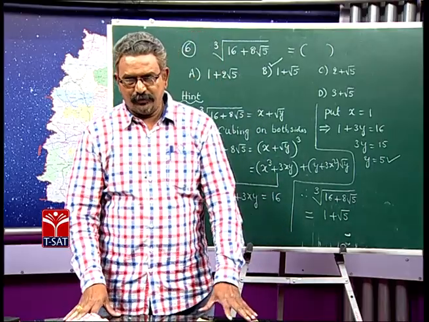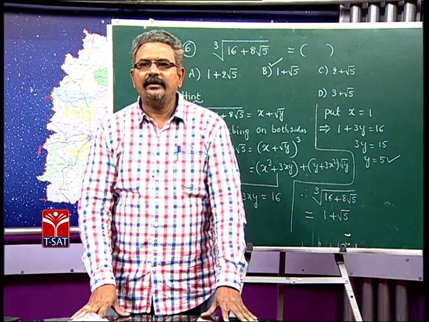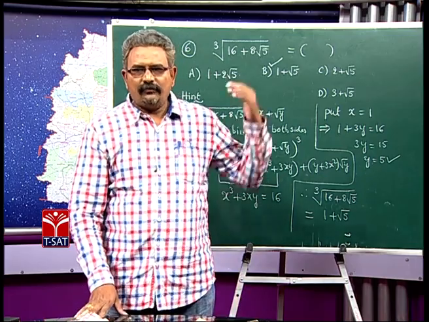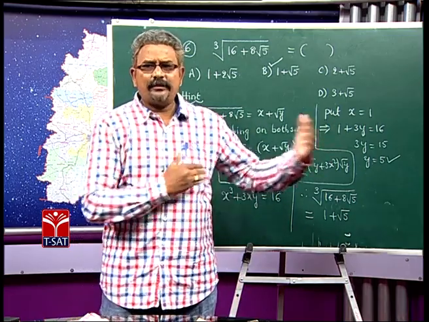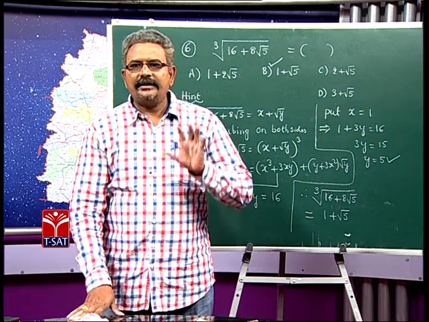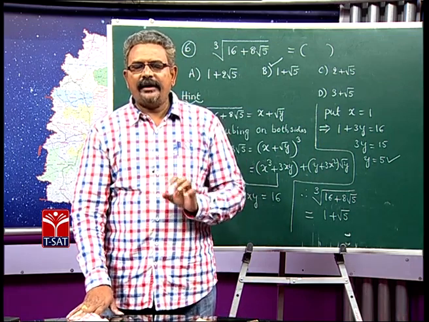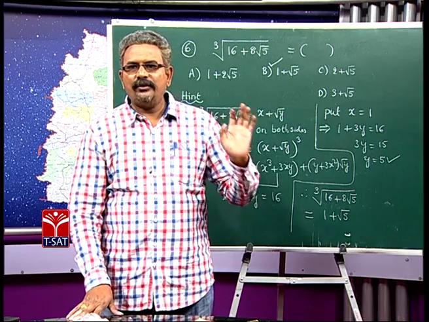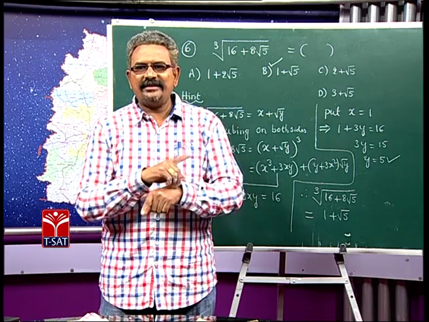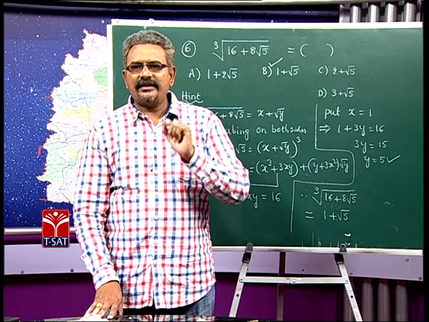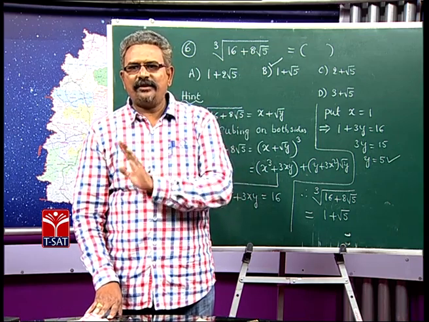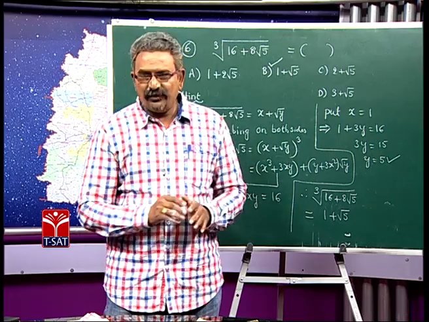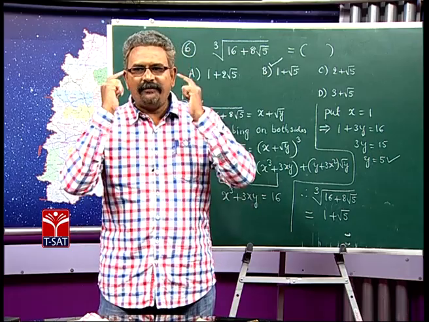Regarding the cube roots in this problem, while finding the mean proportionals or some other problems, this 16 plus 8 root 5 can be remembered as 1 plus root 5 whole cube. Its converse is cube root of 16 plus 8 root 5 is equal to 1 plus root 5. So, that also better to keep in our mind.